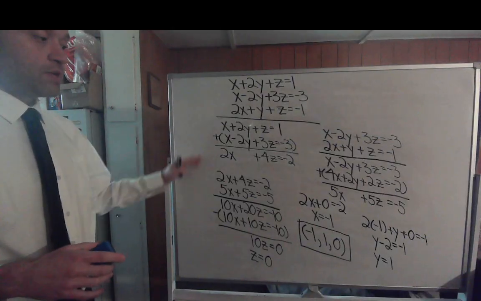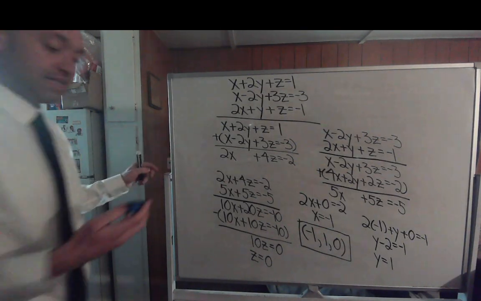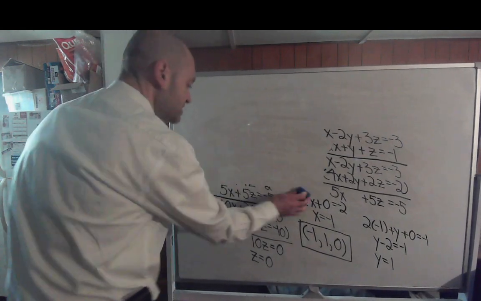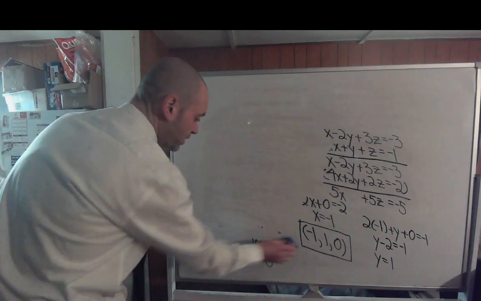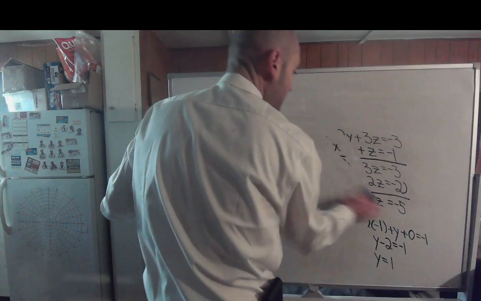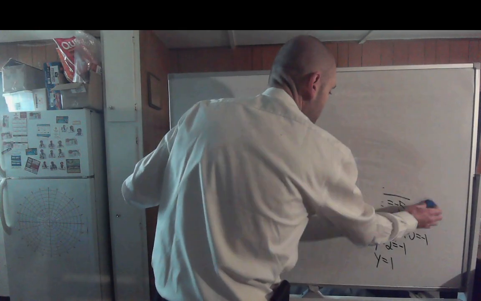Alright, so those were some basic systems. Now, what if we run into a situation where you have more equations than variables? What happens in that situation?